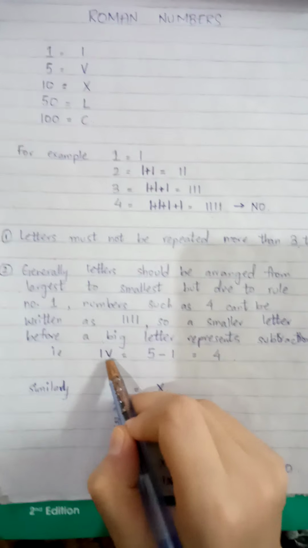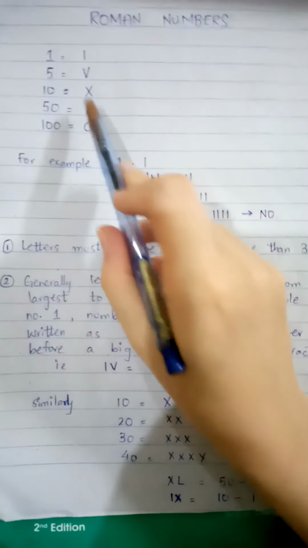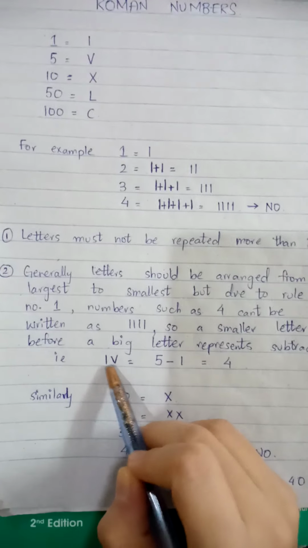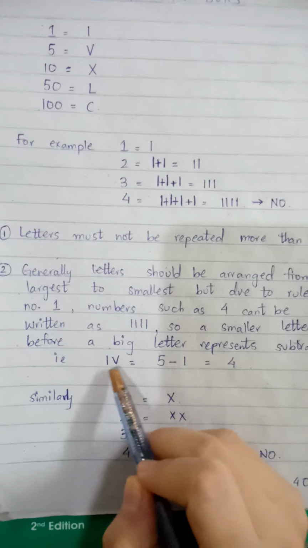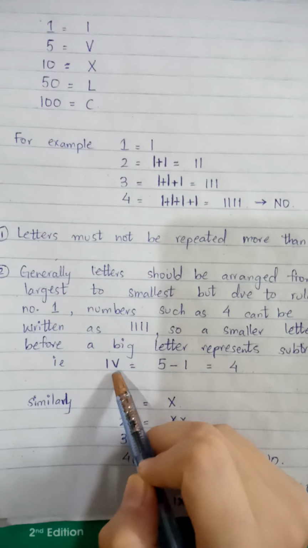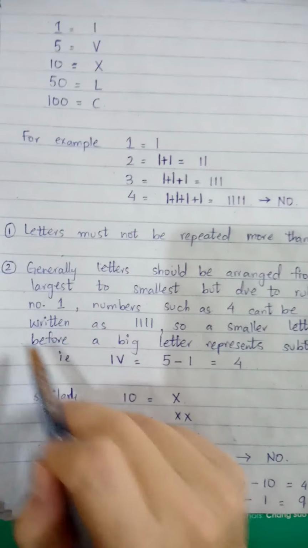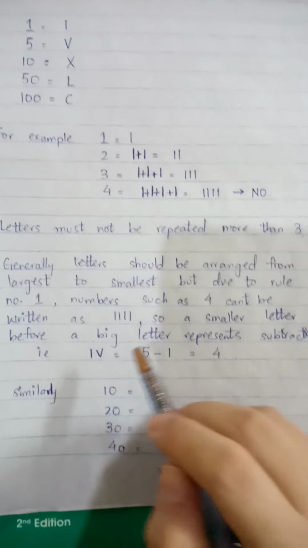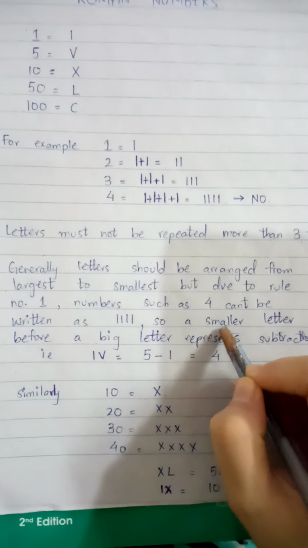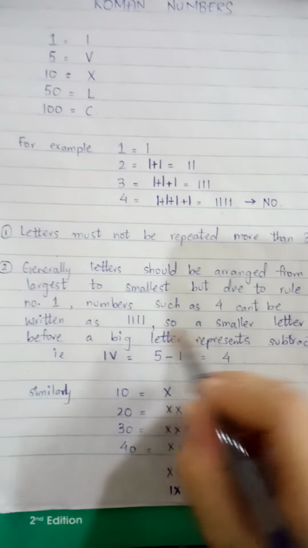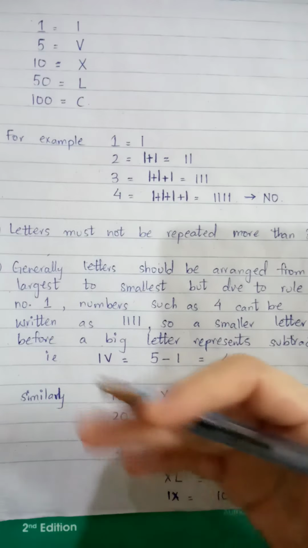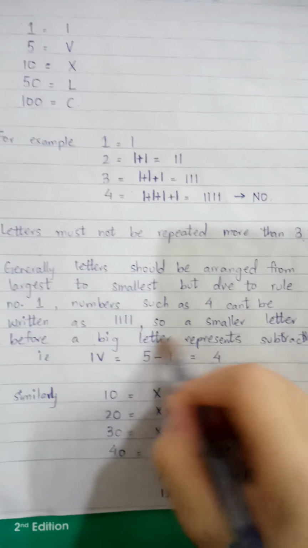As I have discussed previously, V is equal to 5. So, since I have written 4 as capital I and V, what does rule number 2 say? That if we are adding a smaller letter before, or you can say on the left side of the big letter, this represents subtraction. What does a smaller letter actually mean?